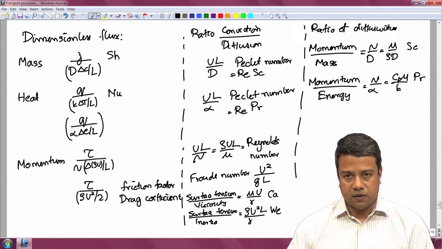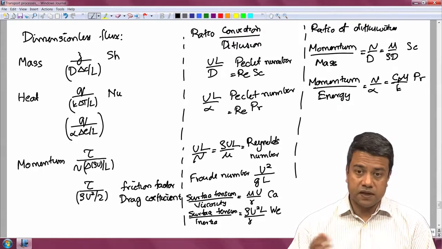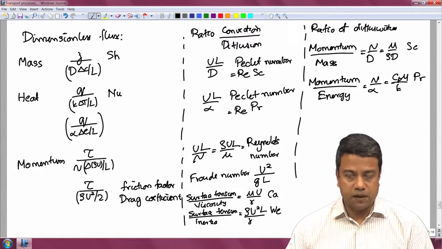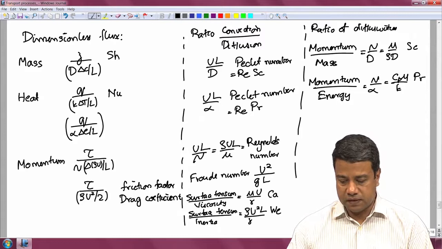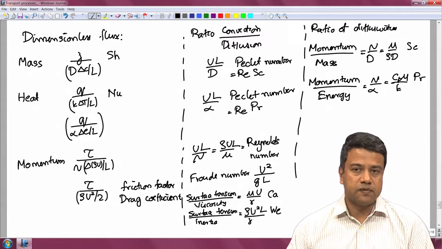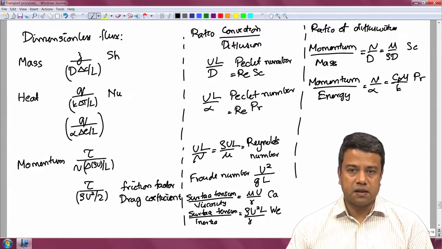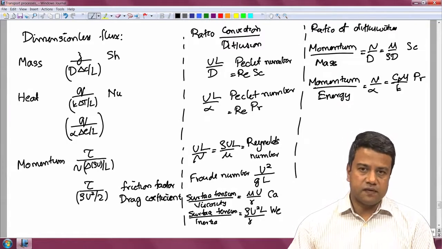These depend upon ratios of convection and diffusion: the Peclet number for mass and heat transfer and the Reynolds number for momentum transfer. The other independent variables are the ratios of two different kinds of diffusion.